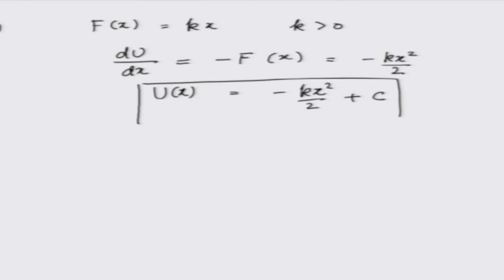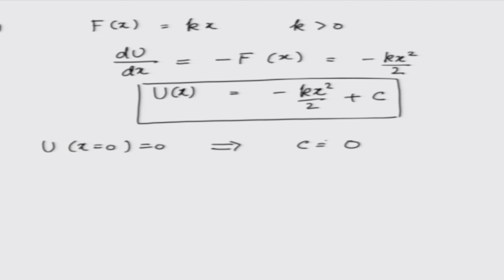This is the answer. The constant c, as we have been learning, depends on where we take the reference point such that the potential is taken to be 0 there. We will take Ux at 0 to be equal to 0, and this immediately gives c equals 0.